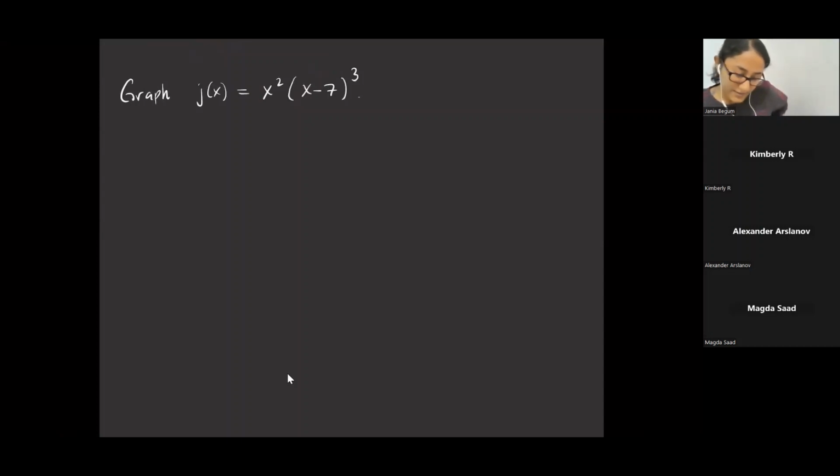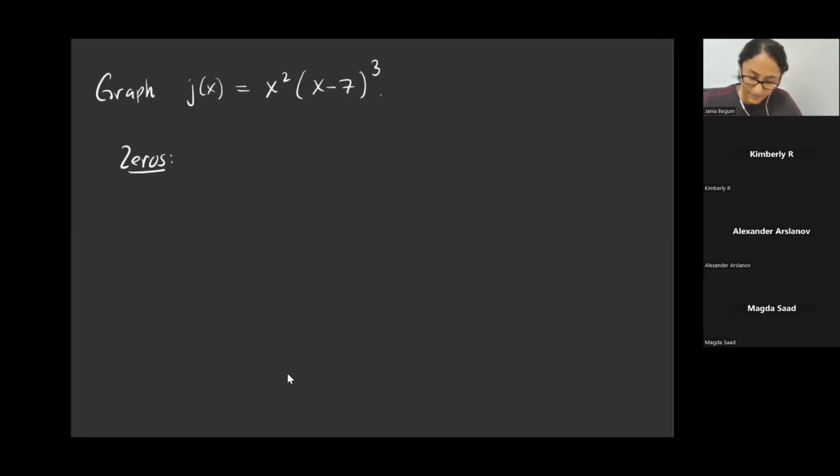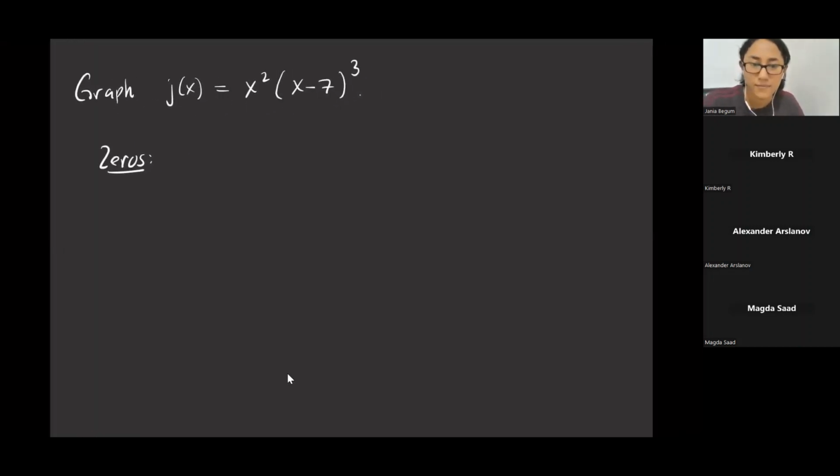Okay. So this is related to section 3.2, where you have higher degrees. The first thing you want to do is find the zeros. Do you know how to find the zeros? Yes, you set y equal to 0.